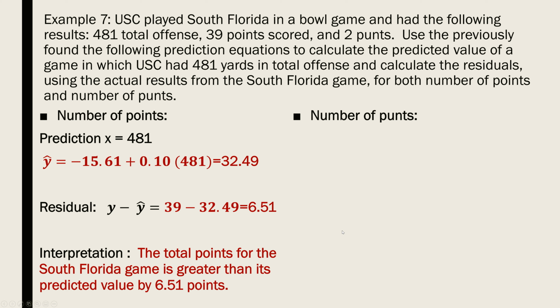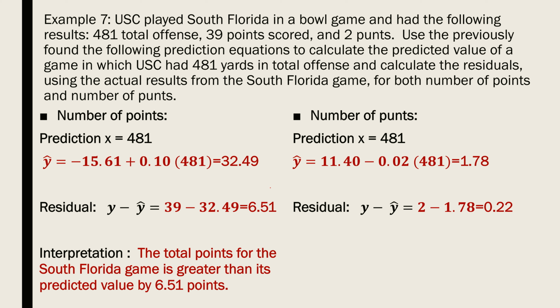Let's make a prediction of the number of punts. The prediction at x equals 481 should be calculated as 11.40 minus 0.02 times 481.